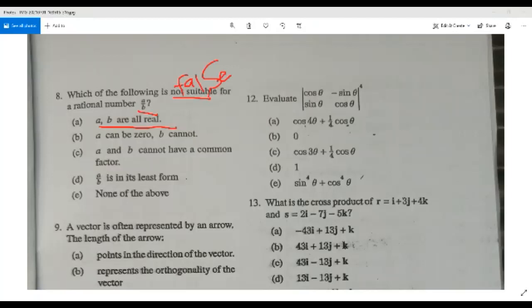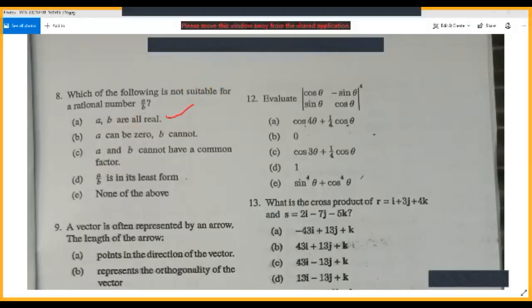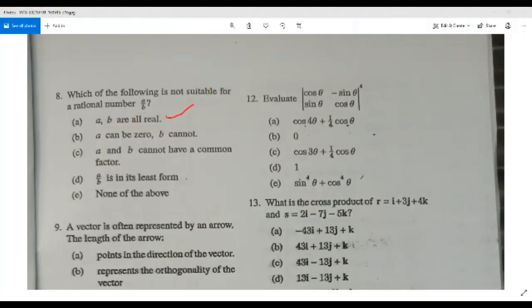So because of that, we have to check which one is wrong. A and B are all real numbers. That is correct. A can be 0, but B cannot. It's true, because if you make B 0 and divide by A, that will be undefined. So that one too is correct. And A and B cannot have a common factor.